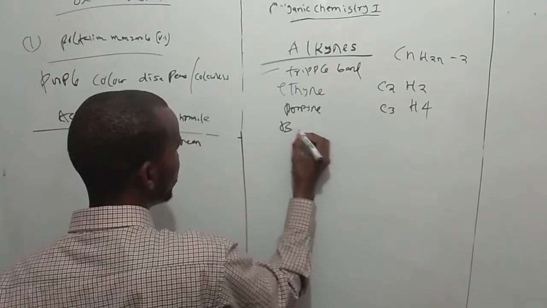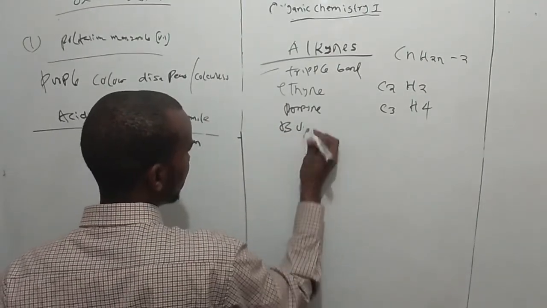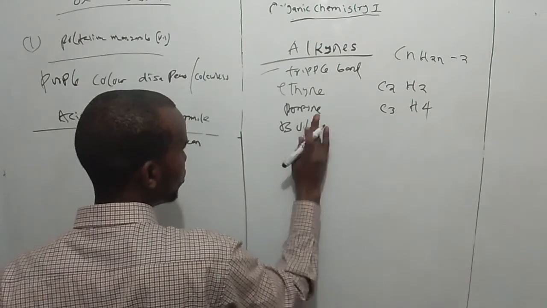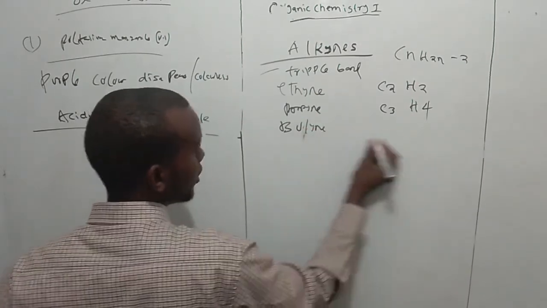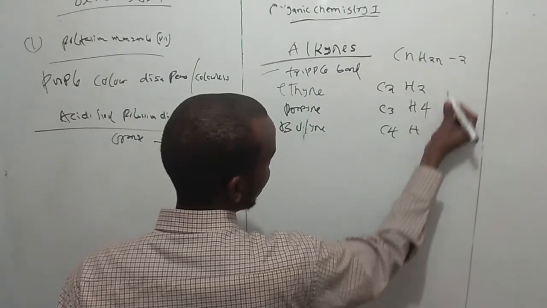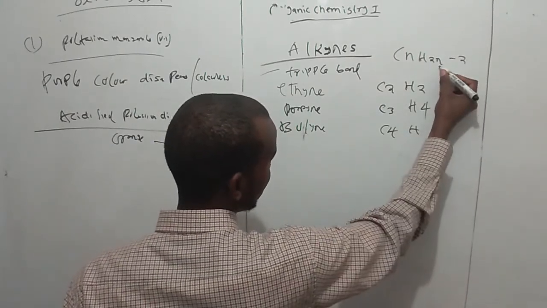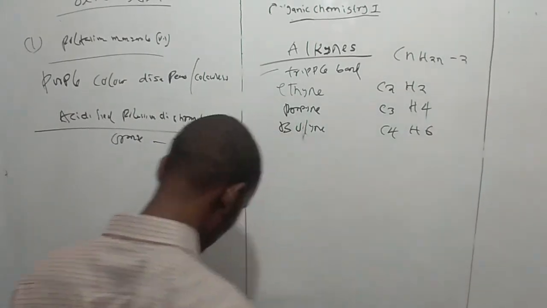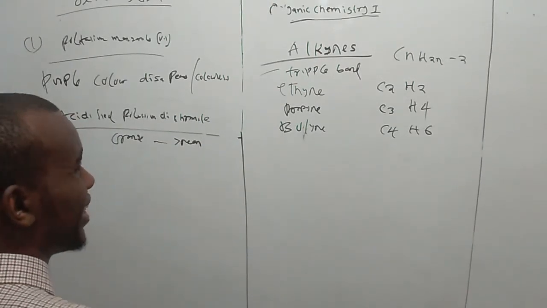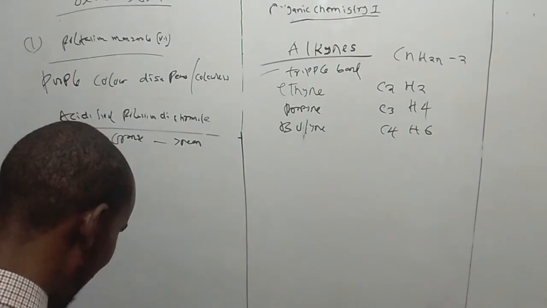If we talk about butyne, C4, 2 times 4, 8, 8 minus 2, so we'll have C4H6. Those are some examples of the alkynes.